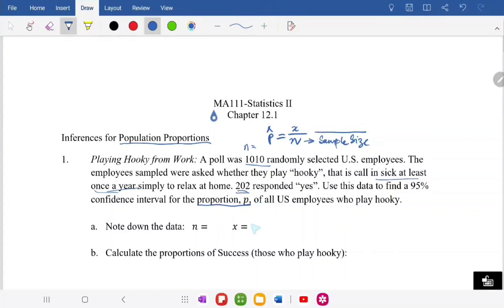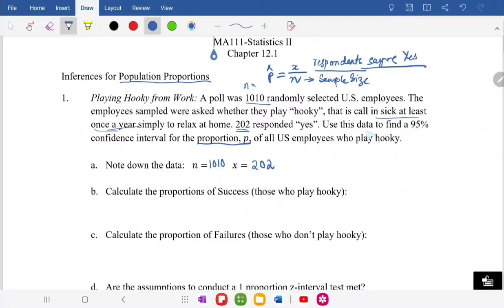So X is 202 and n is the number of respondents, the number of people who were surveyed. Sample size is what n is, and X means respondents saying yes to the question that you surveyed.